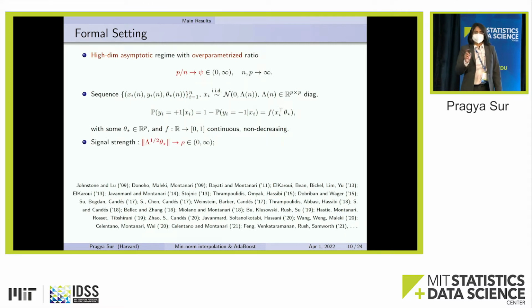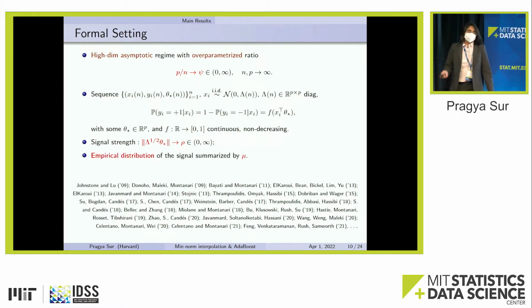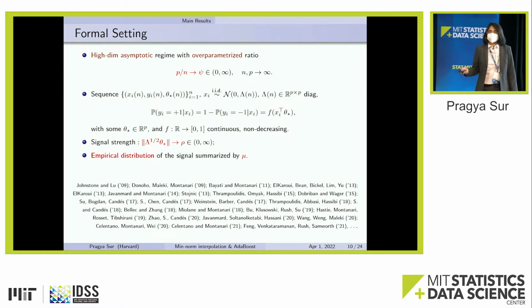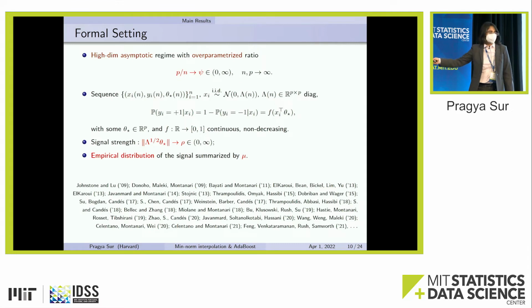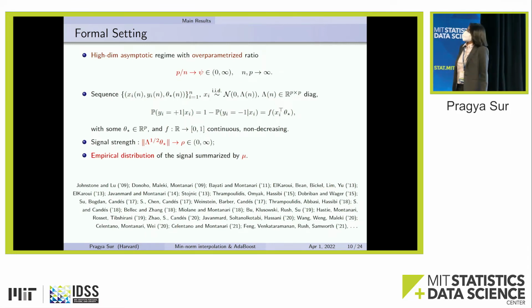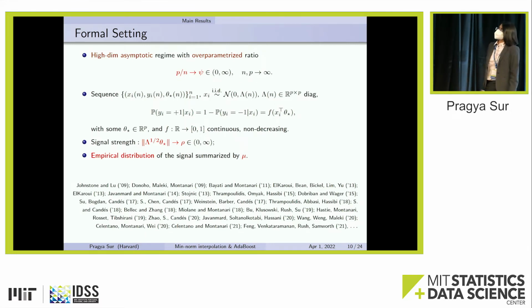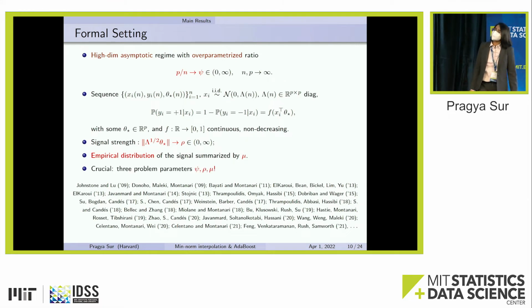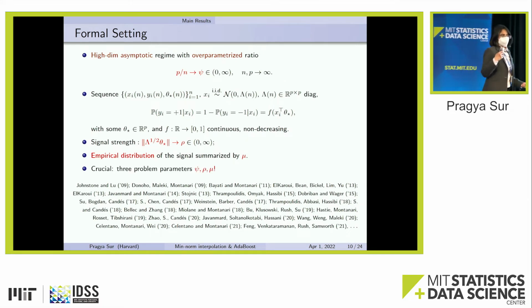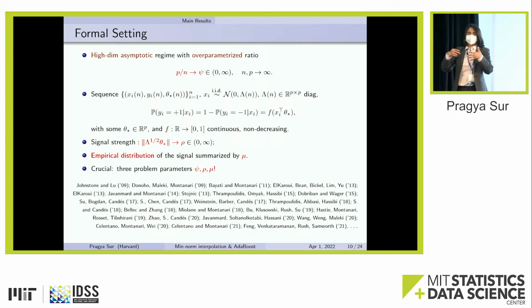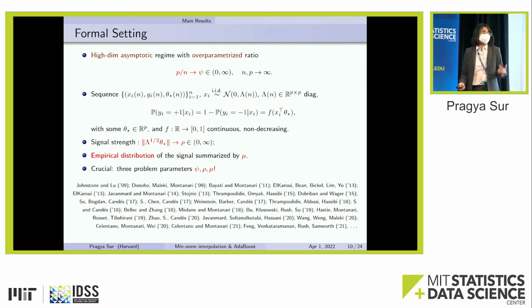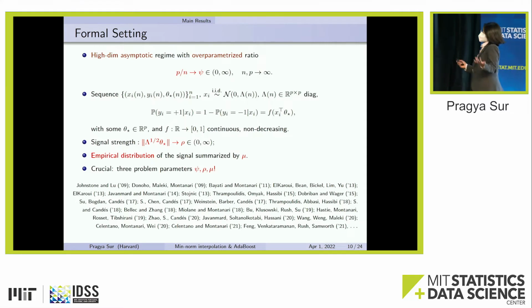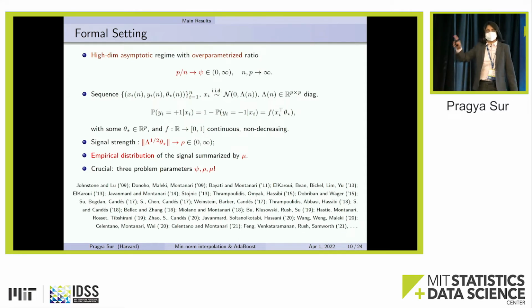If you have a setting like this, the key thing is understanding the signal strength in your problem. There are other properties of the signal that you do need to understand. But it turns out that without assuming any conditions like sparsity on the underlying signal, so your signal can be sparse or it can be very distributed and weak, you can actually summarize this high-dimensional setting into 3 problem parameters.